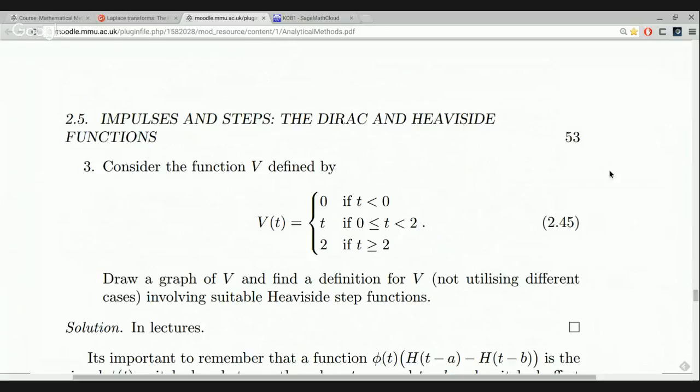You see, we can think of this as the sum of 3 different functions, V1, V2, and V3, to give the 3 different types of behavior. So we can think of V being the sum of these 3 functions, where V1 of t is equal to 0.